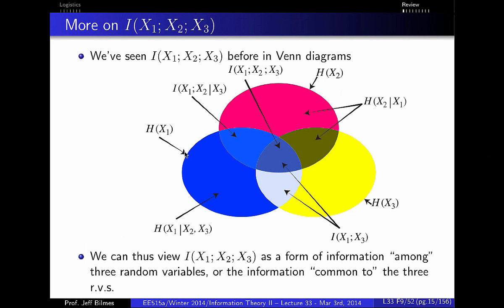So let's do a little review. We've been talking about information measures, and we defined these interesting new non-Shannon-like quantities, like this quantity, which corresponds to the area of the intersection in the Venn diagram. In some sense, it can be viewed as the information amongst 3 random variables.